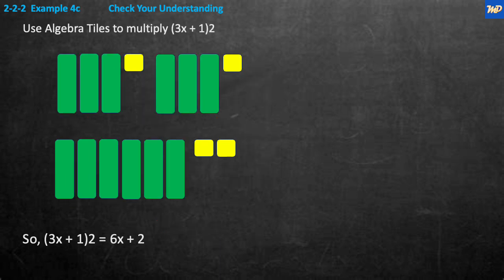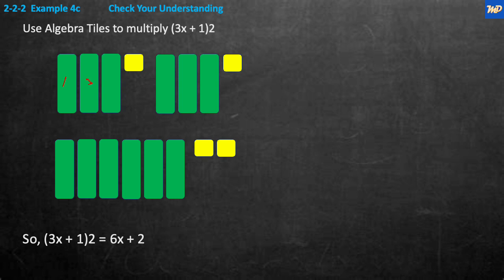Go to distributive property. Okay, example 4c, check your understanding. I think you're getting the picture now. You understand this. We're going to multiply 3x plus 1, that quantity, by 2. Well, here it is. You've seen this a number of times now.